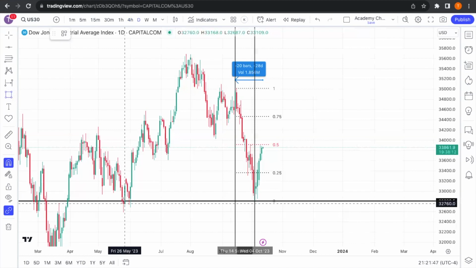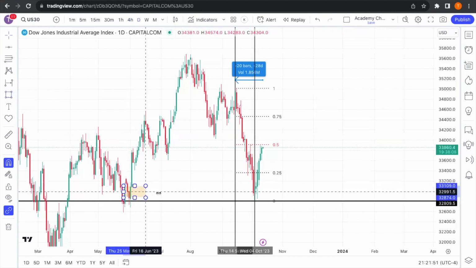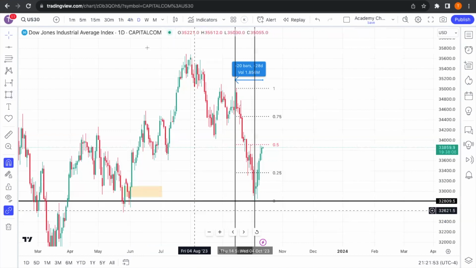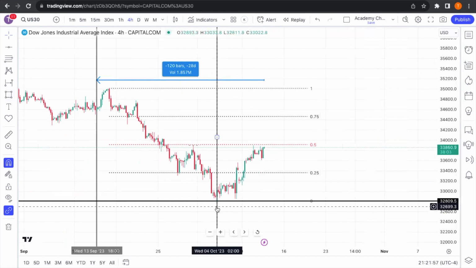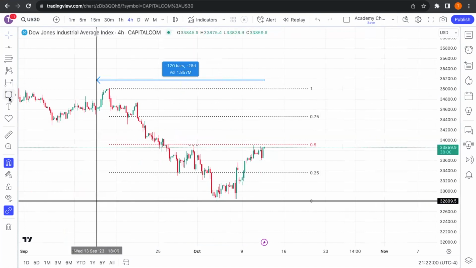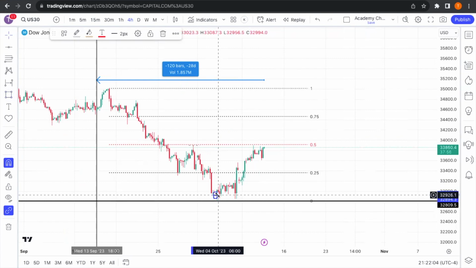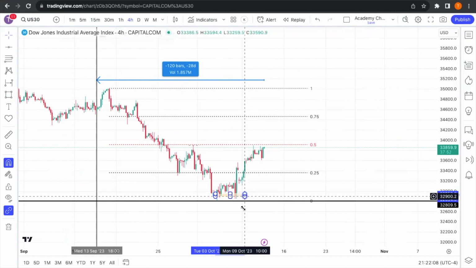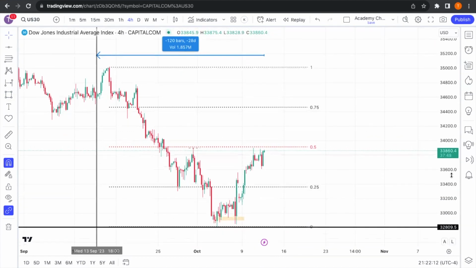How do I know it's high probability? Because it has a fair value gap. So because that low was significant, I can put emphasis on what? This order block here. Why would I put emphasis on that order block there? Because it has a fair value gap.